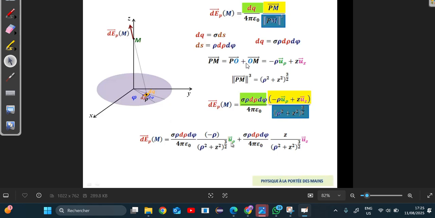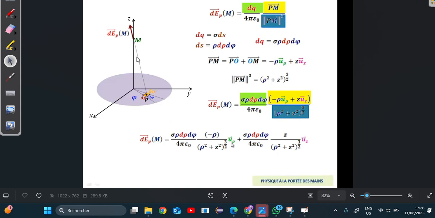In the cylindrical coordinate system, you always know that this radius is called rho. So PO is negative rho in the direction of e rho, plus, going up, OM, which is z in the direction of the unit vector z.